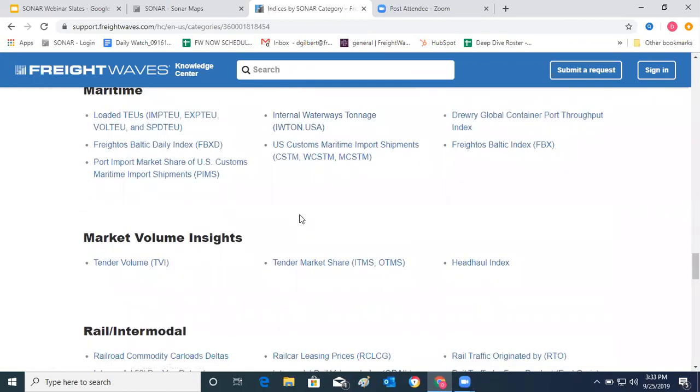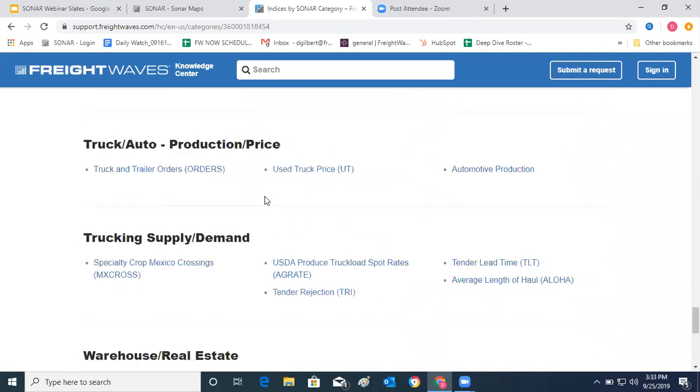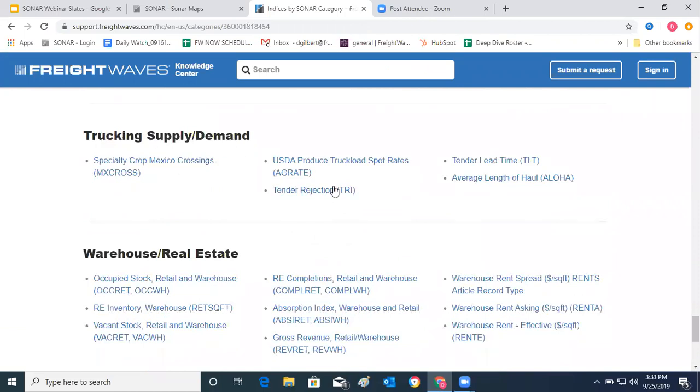See here, there's the maritime, there's volumes, there's rail intermodal indices, trucking supply and demand. So here we'll be looking at tender rejections, tender lead times.